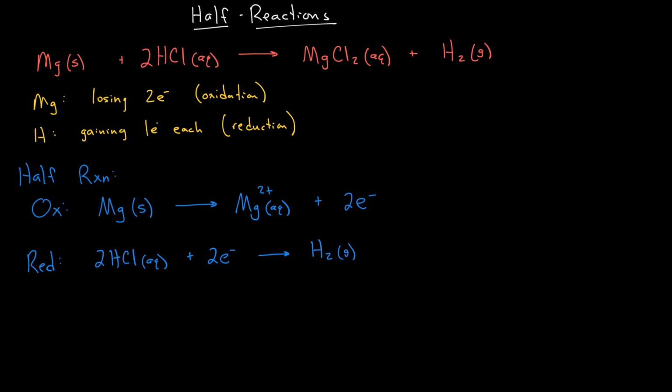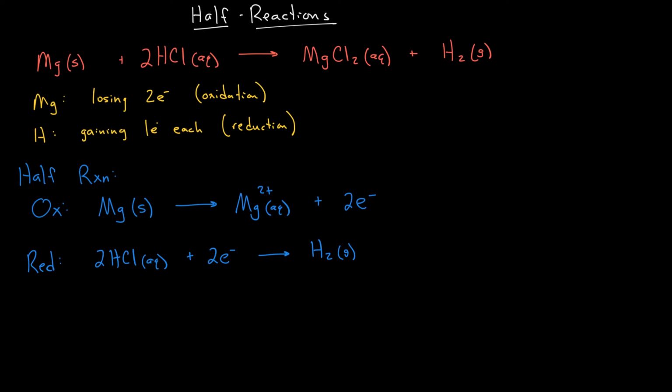What we do with electrochemistry a lot of times, especially when we're talking about cells, like batteries basically, is we're going to physically separate these 2 half reactions. We're going to put them in separate beakers. So we're going to separate, for example, the magnesium and the HCl, and put those things in separate beakers so that when the exchange happens, it has to go through a wire.